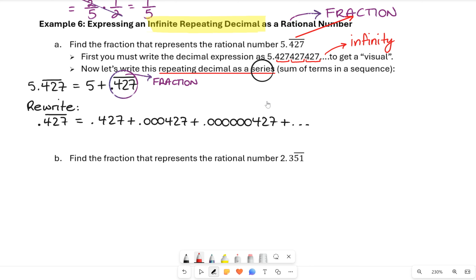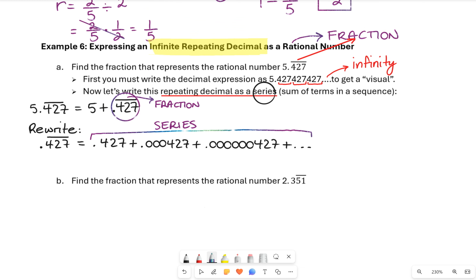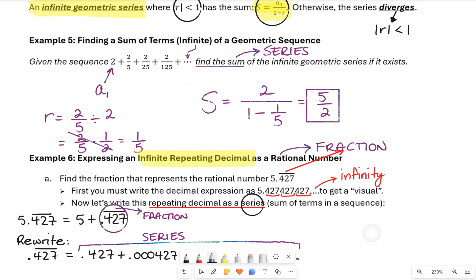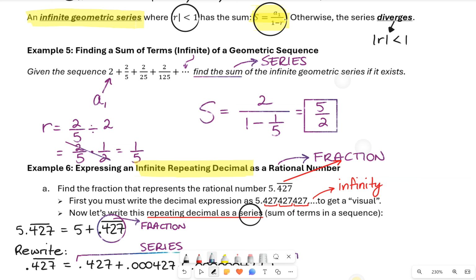This right here is a series because it's a sum of terms. That's a series. So I can use the series formula to figure out what that is equal to. But remember, my series formula for infinite is going to need an A1 and an R, right?